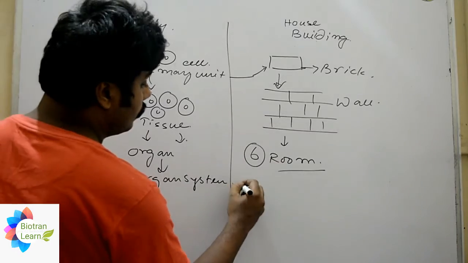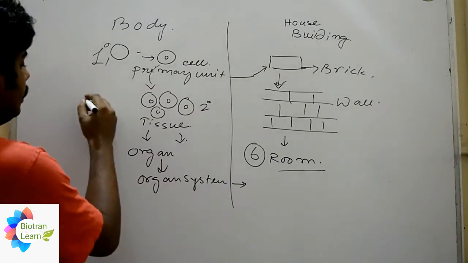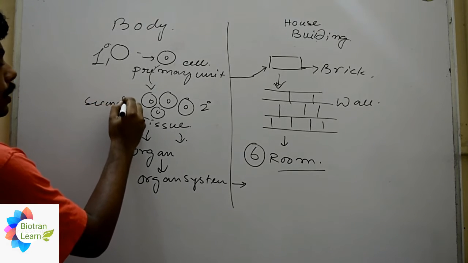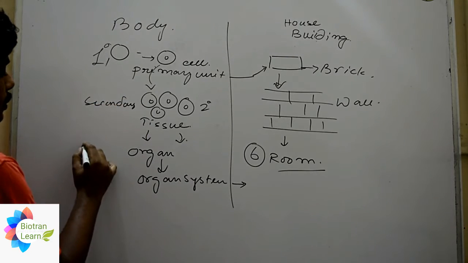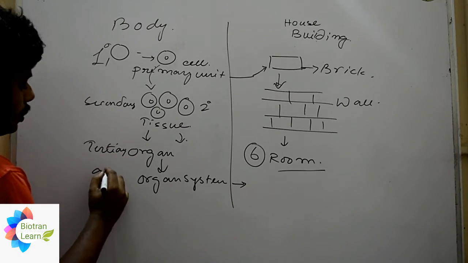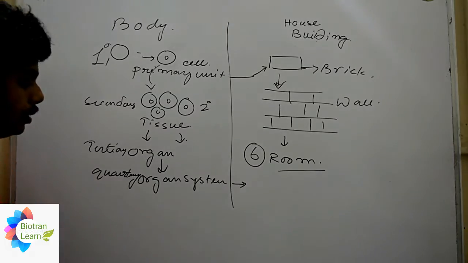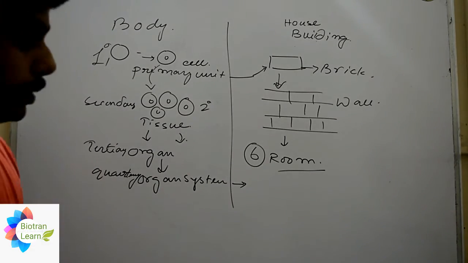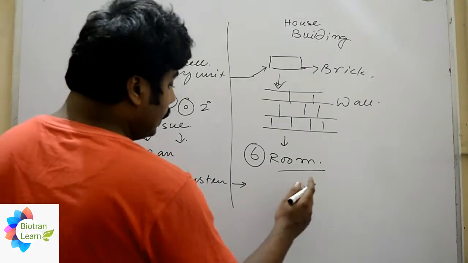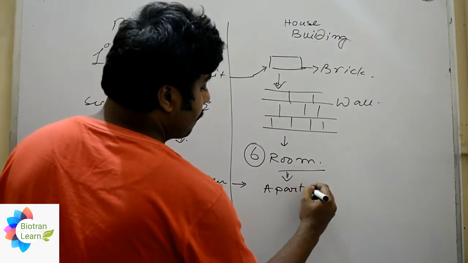What we know is that this was primary, this was secondary, suppose this is tertiary and this is quaternary. The quaternary organ system, in this case, will form a particular apartment.